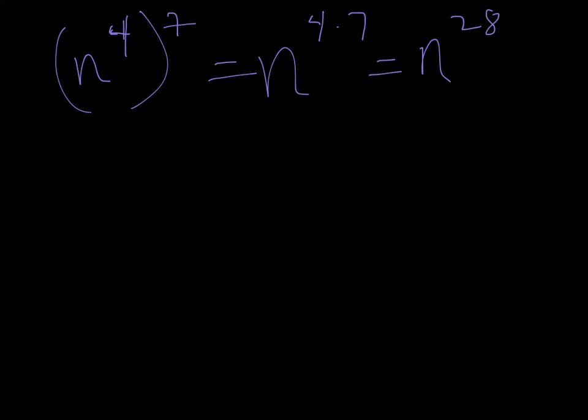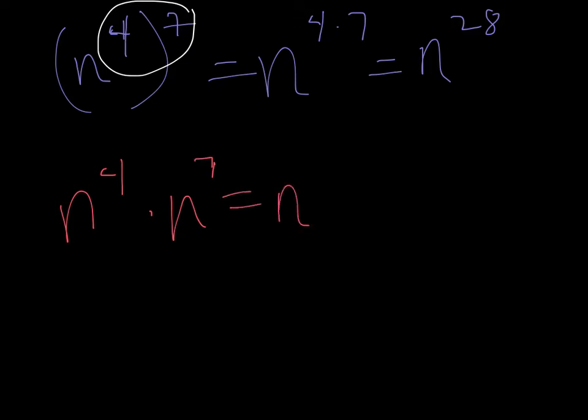So think about it, when you have the powers next to each other like this, you multiply, right? Unlike if you had n to the 4th times n to the 7th, which in this case you add them, 4 plus 7, so that becomes n to the 11th, right? So there are two different situations with powers.